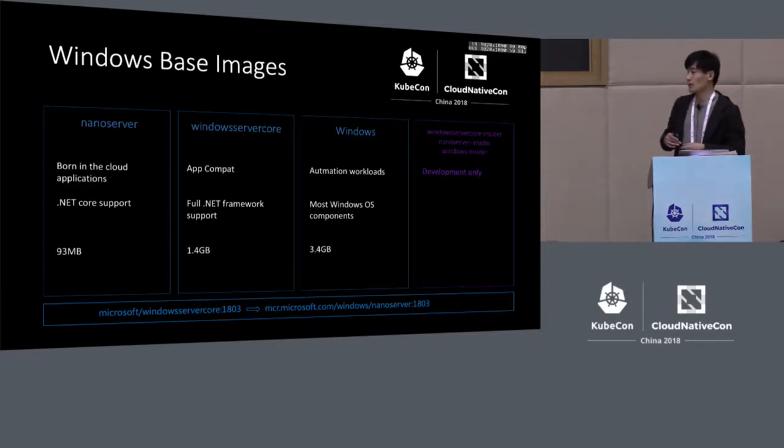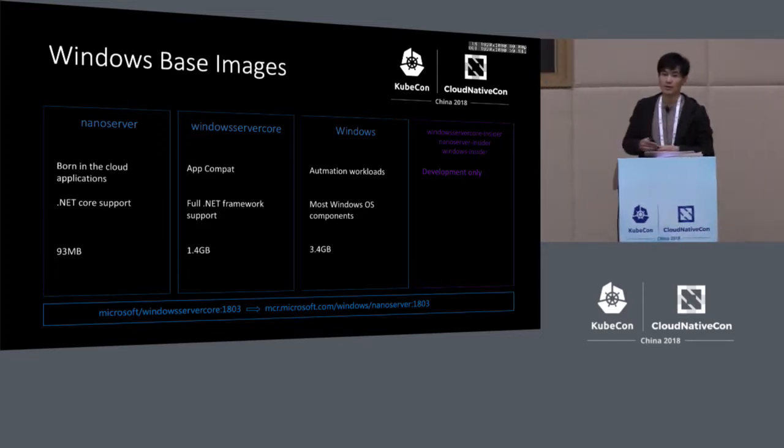The second one, Windows Server Core, includes full .NET framework support, so it can run .NET Windows applications. But if you want to use UI libraries, you must use the Windows option.